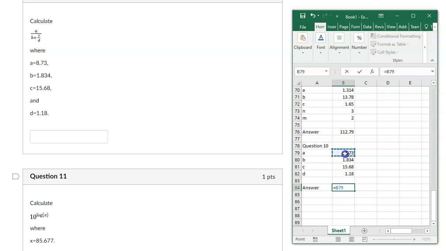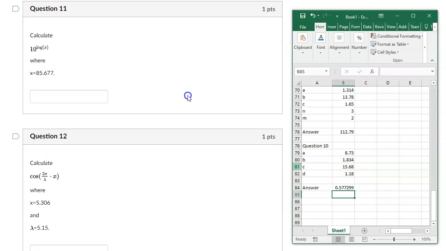We've got A divided by, now I'm going to do it in one step just so you can see how I would do that. B plus, let's say I've got parentheses around the denominator so that Excel knows that whole thing, B80 plus B81 over B82, that's one thing, and that's the denominator here. So I'll calculate that. 11.